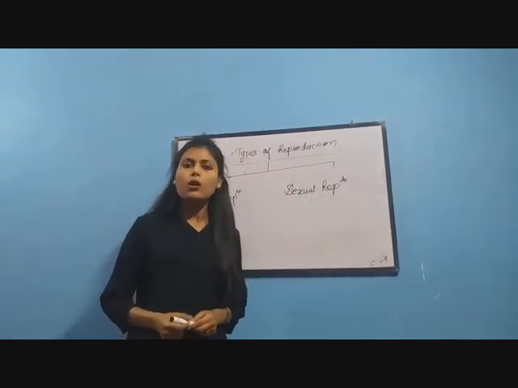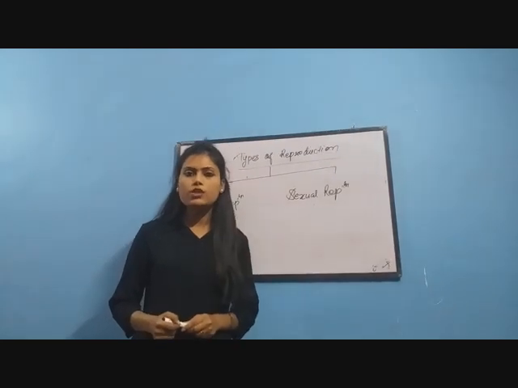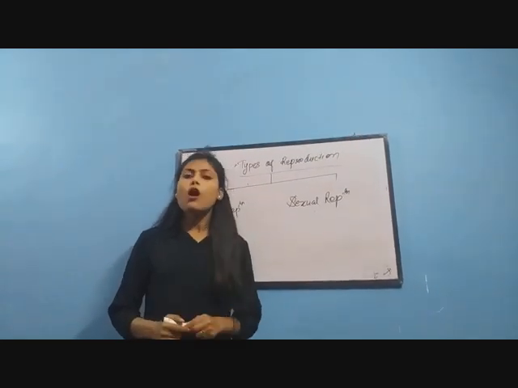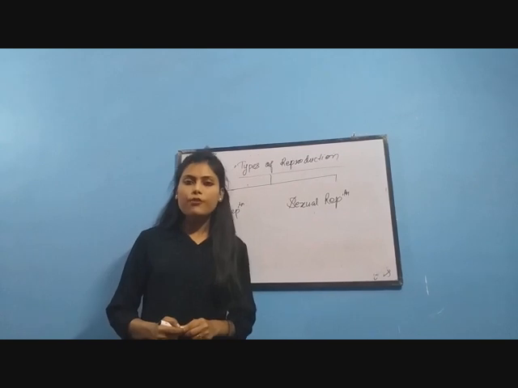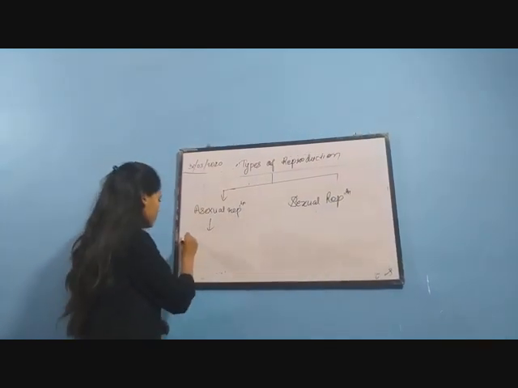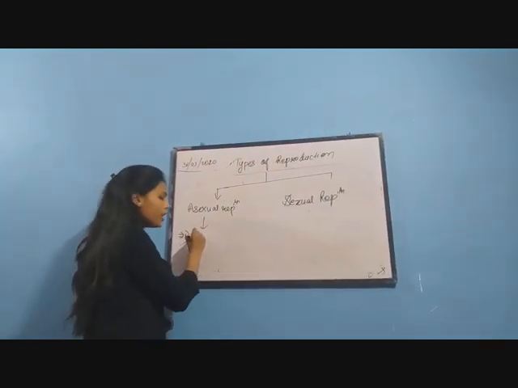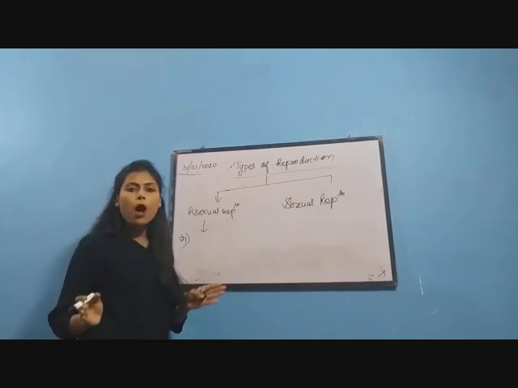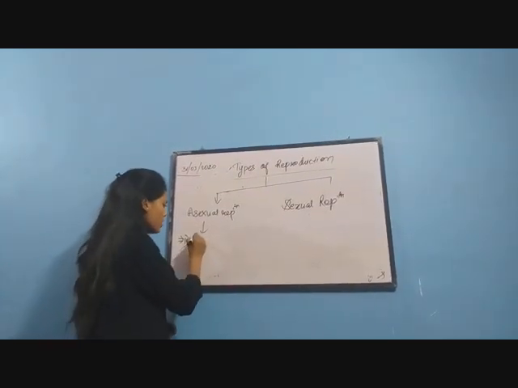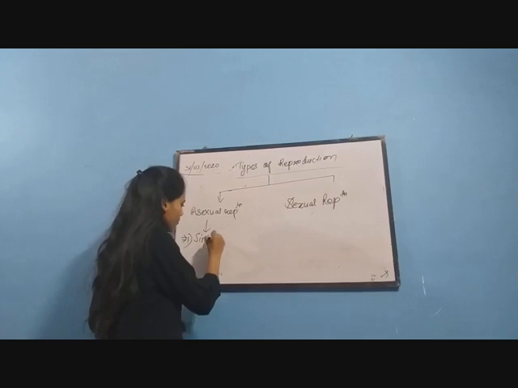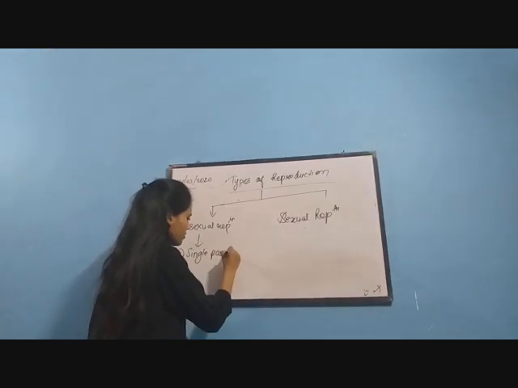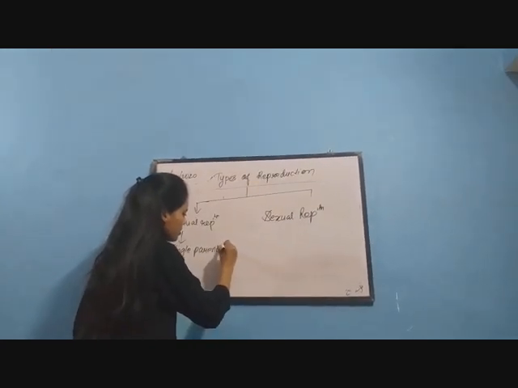We all know the first major difference in the case of asexual reproduction. It involves only one parent, that means a single parent is involved.